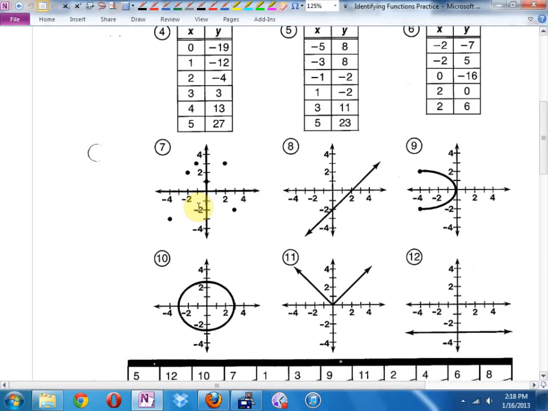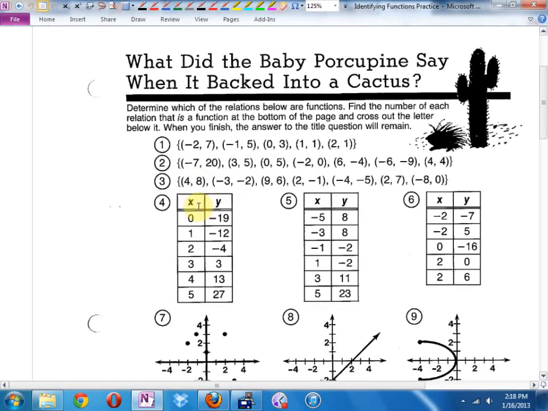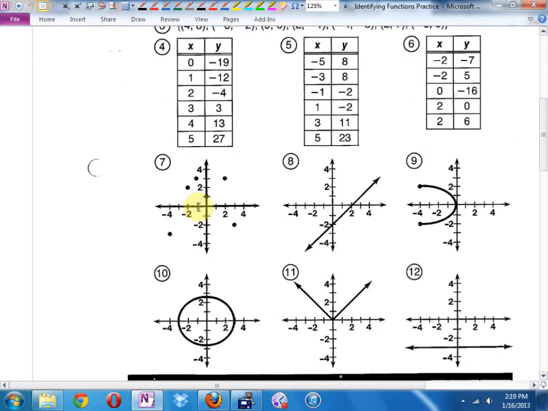It's easy. For example, I'm pretty sure that's not a function. I can just tell with my finger in the shadow, right? Vertical line test works great. So for here, find the number of each relation that is a function at the bottom of the page, and then you'll cross out the letters. So for example, number 8 is a function because this one passes the vertical line test.